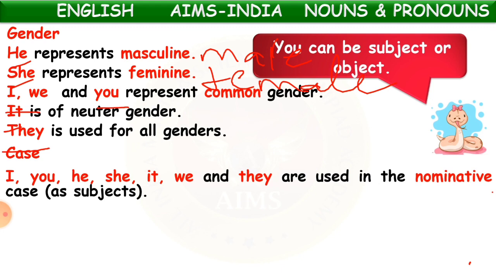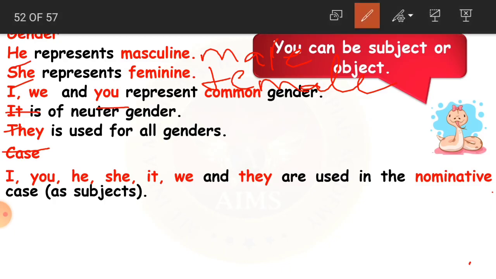Same here also. I, you, he, she, it, we and they are used in the nominative case as subjects. These pronouns can be used as subjects in the nominative case.